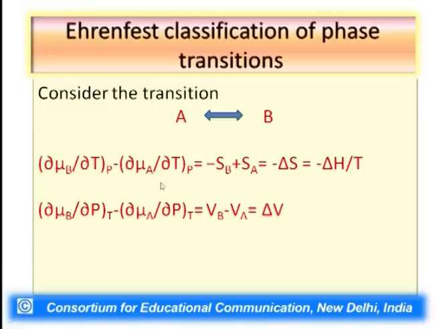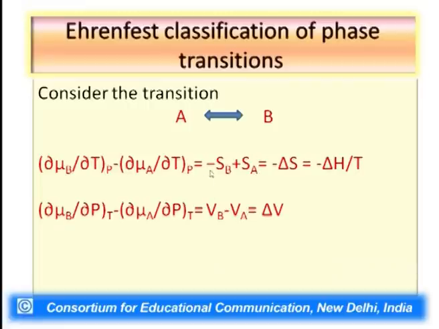And del mu by del T at constant P is nothing but the negative of entropy. So you have negative entropy of the substance in phase B plus positive entropy of the substance in phase A.